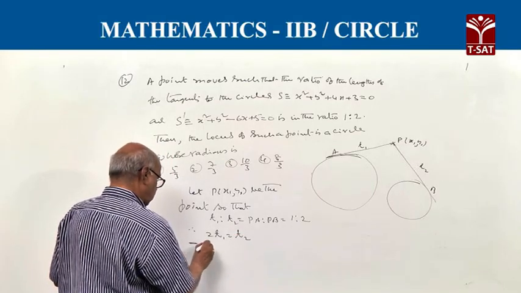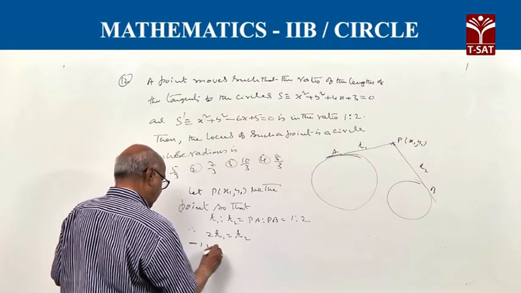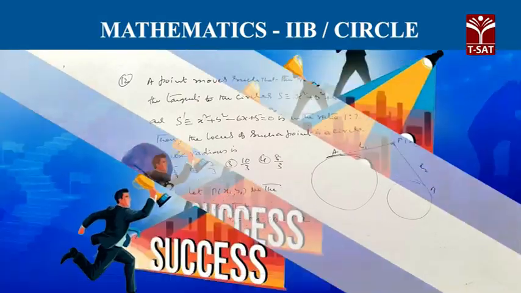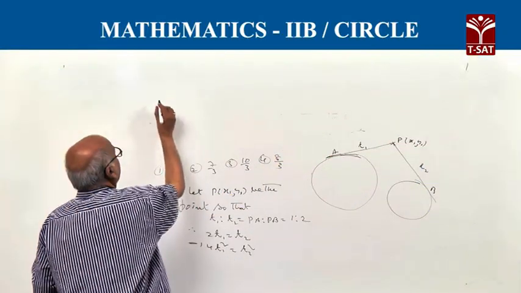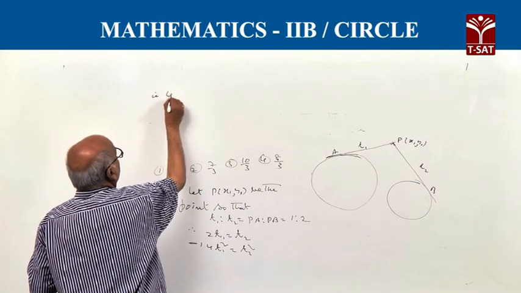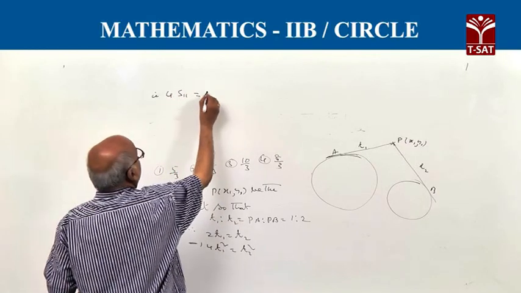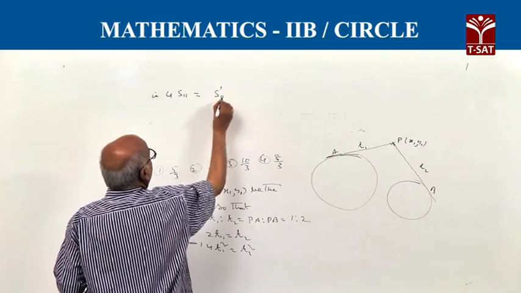So that implies 4T1 square is equal to T2 square. So that is 4 into T1 square means S11 is equal to T2 square means S dash 11.